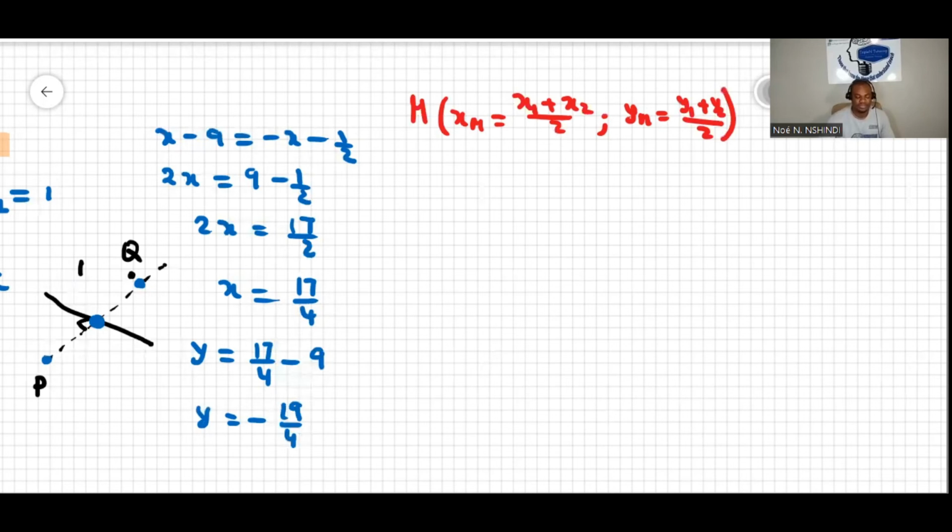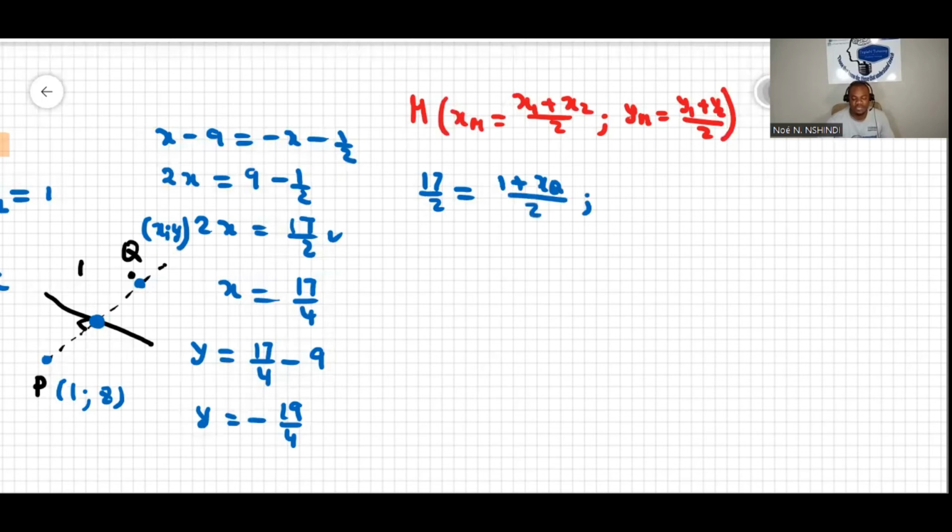Now xm is simply this point here, which is 17/4. So I'm going to say 17/4 equal to x1, which is the x of P, that is 1, plus xq, the x of Q, which we don't know, over 2.